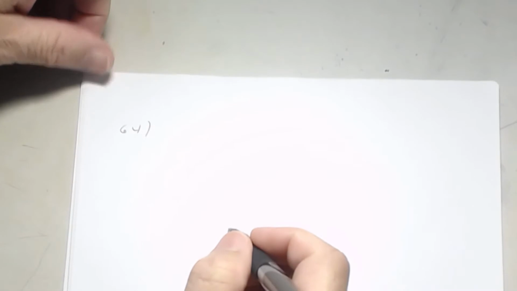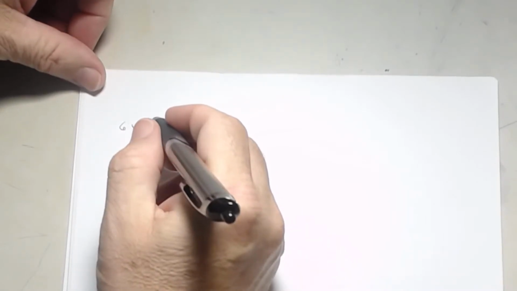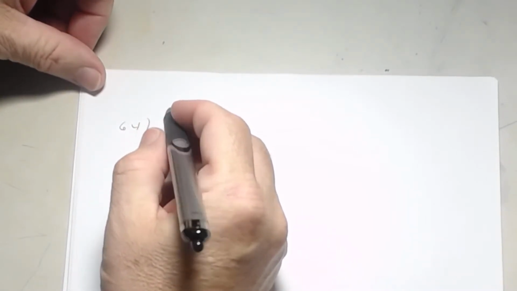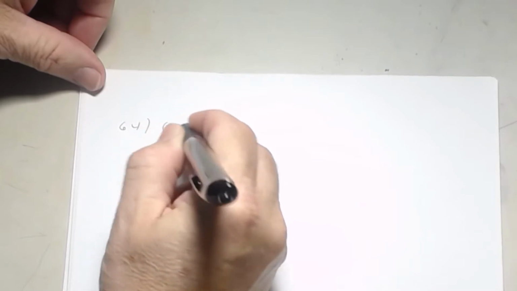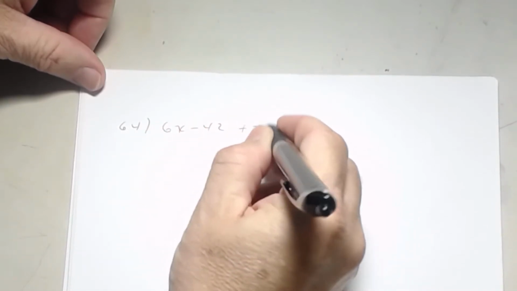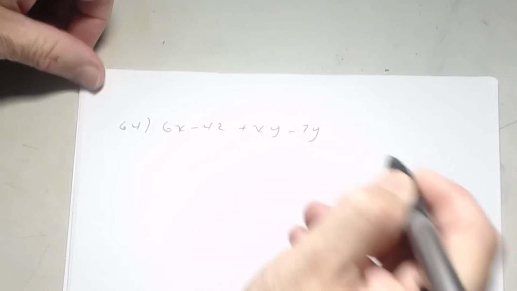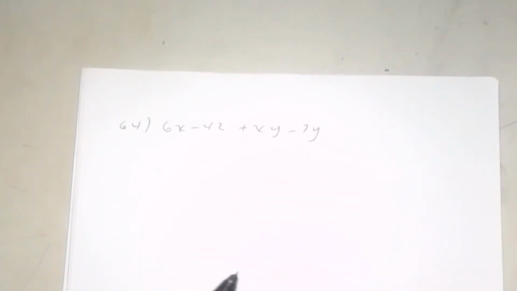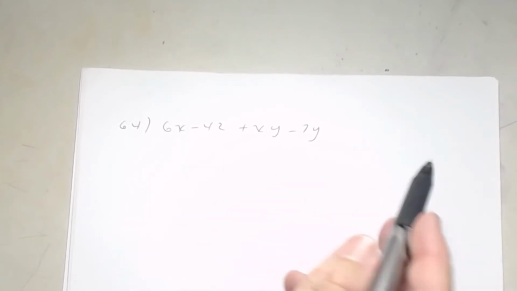Number 64. All right, 64, you have 6x minus 42 plus xy minus 7y. Okay. What's the GCF?